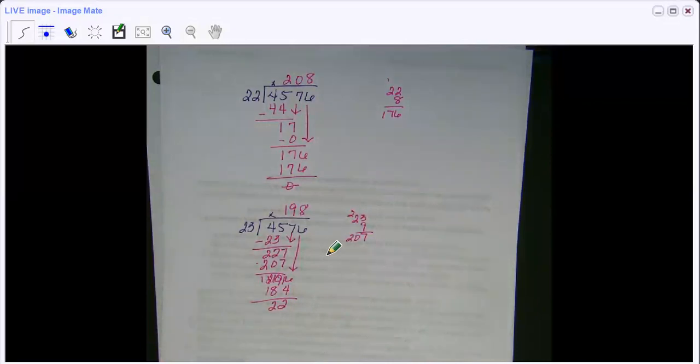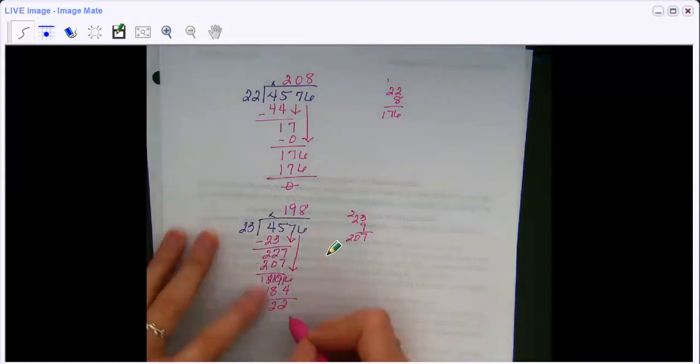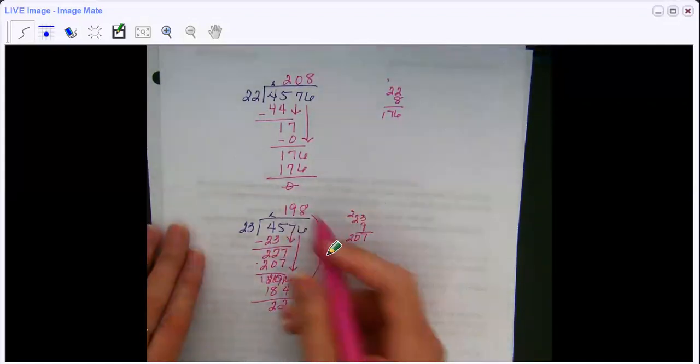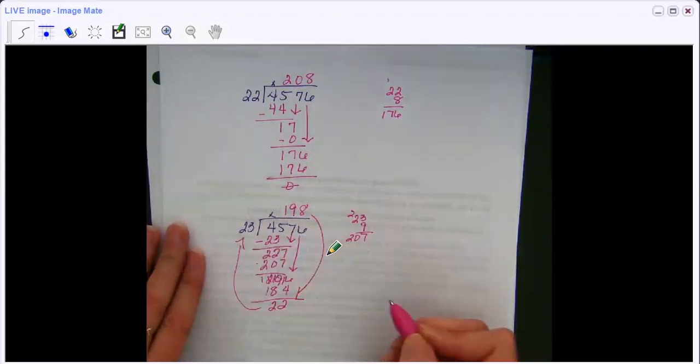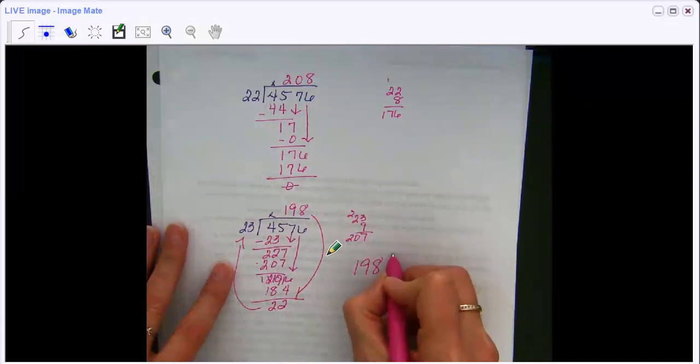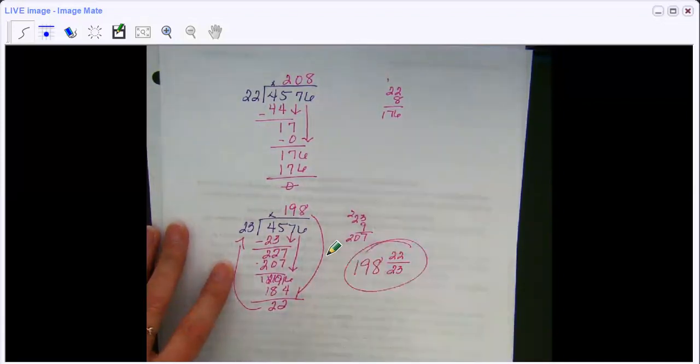But today we're going to actually do remainders. We're going to solve using remainders. So this one would be 198 with a numerator of 22 and a denominator of 23. So my final answer would be 198 and 22/23. This would be my final answer.